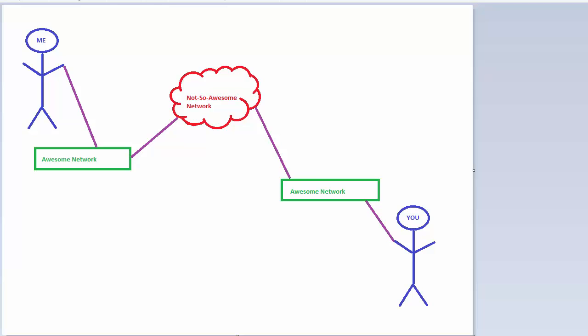The difference here is you're pretty much stuck by the weakest link in the chain, if you will. We're all going to get held up by whatever is out there. I've seen 10 megabit network bridges that would keep two very fast networks from being able to communicate with each other because somebody slapped a cheap piece of equipment in to solve a problem with cabling or something like that.